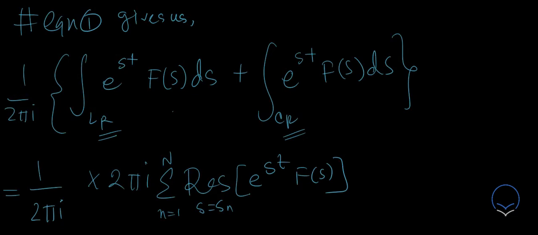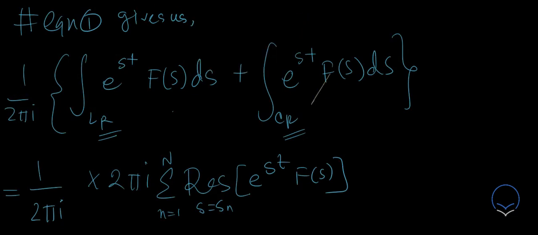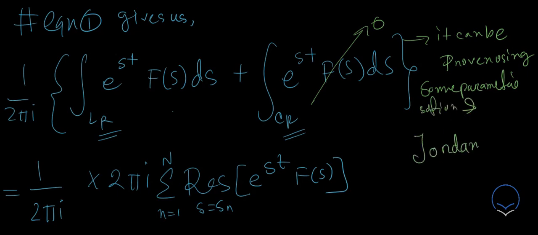So we will say this part goes to 0. This will be the case, and it can be proven using some parameterization and something called Jordan's inequality that is involved with Jordan's lemma as well.